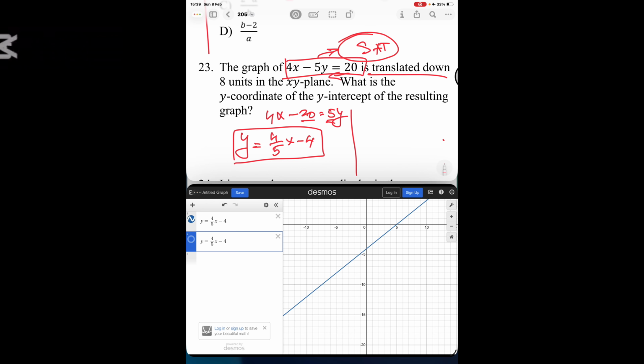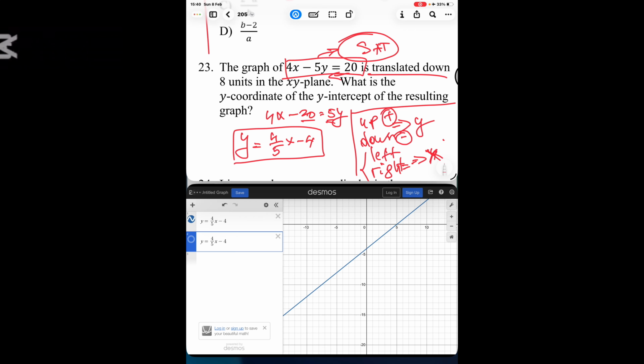Don't forget this simple rule: when you are given any kind of graph, up and down is connected to the value of y, and left and right is connected to the value of x. Up means you simply add, down means you subtract, but for x it works inversely.